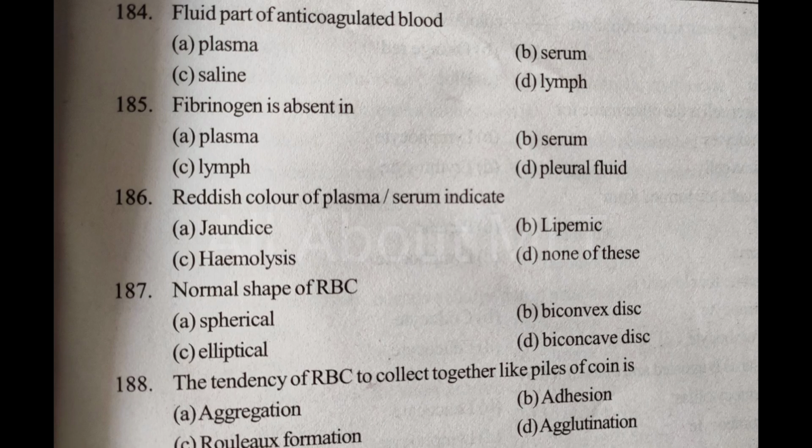And the answer is option D, biconcave disc. The tendency of RBC to collect together like piles of coin is option A, aggregation, option B, adhesion, option C, Rouleaux formation, option D, agglutination. And the answer is option C, Rouleaux formation.